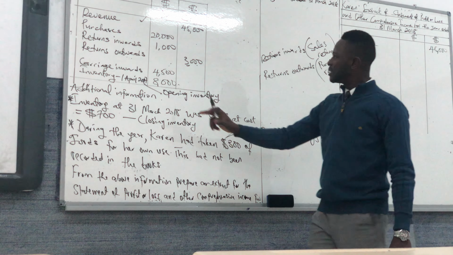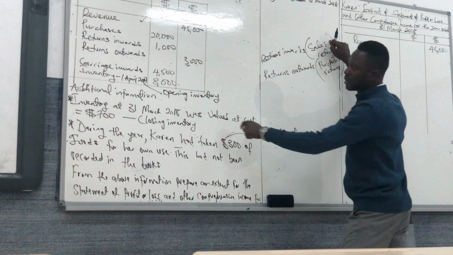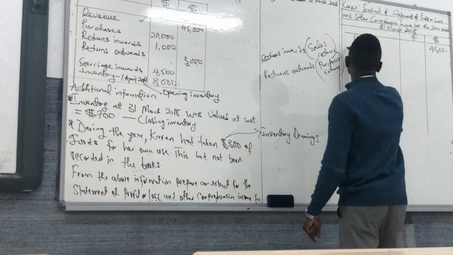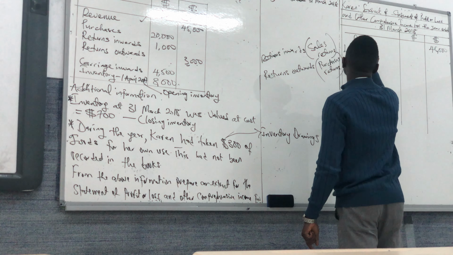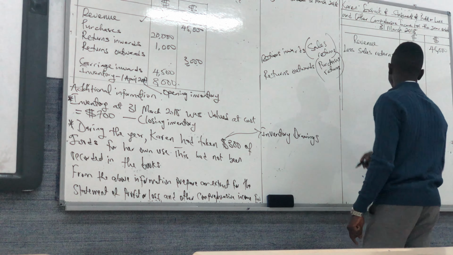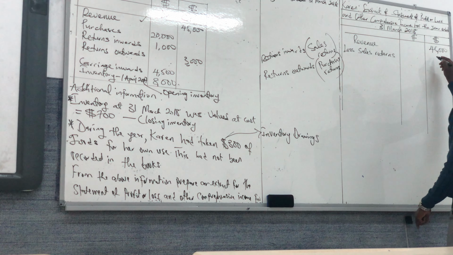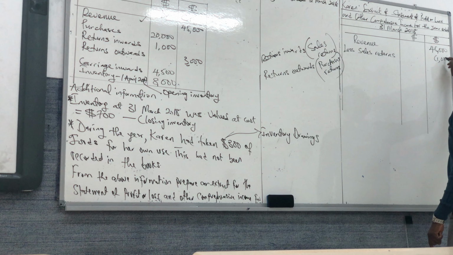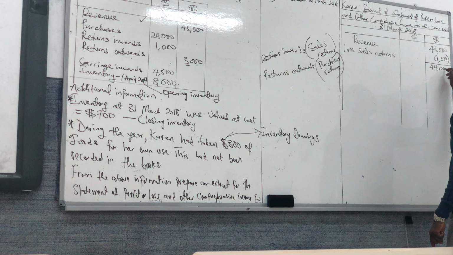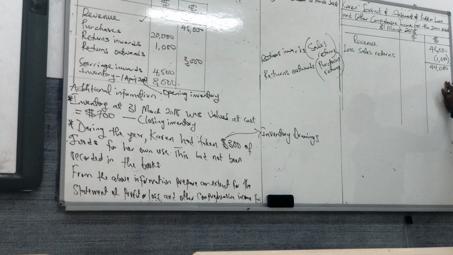Then we have sales returns. Returns inward, 1,000, right? Less sales returns, 1,000. This gives 44,000. Is it clear to here?